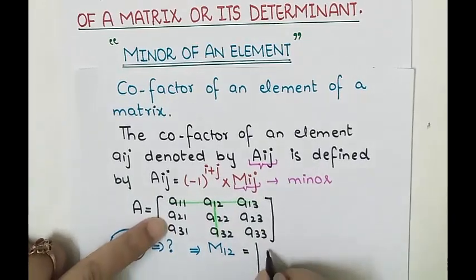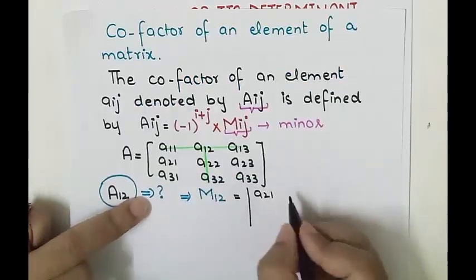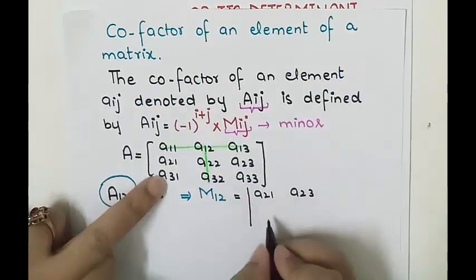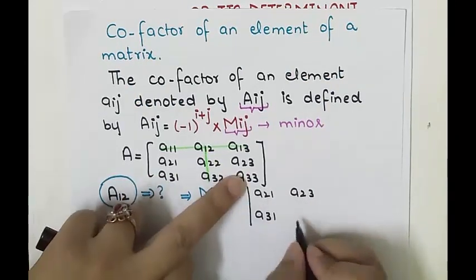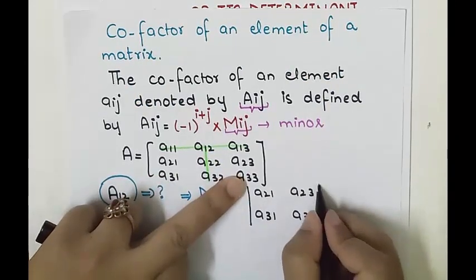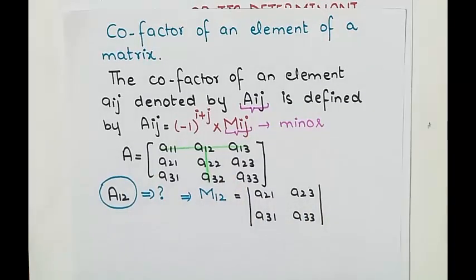Then we have A21, A23, A31, A33. So this is the minor.